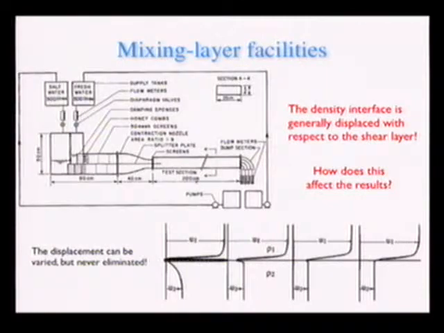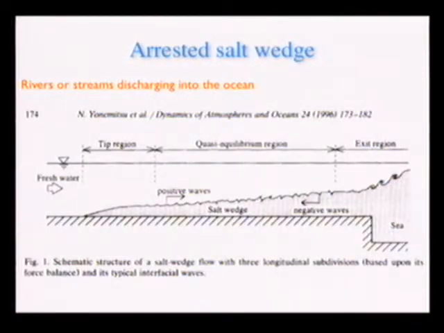Okay. Not only have these things been observed in labs, but for example, I took this picture from this paper, and people call this an arrested salt wedge. So whenever rivers or streams are discharging to the ocean, so you see here the sea and the fresh water coming, you actually see 3 different regions.